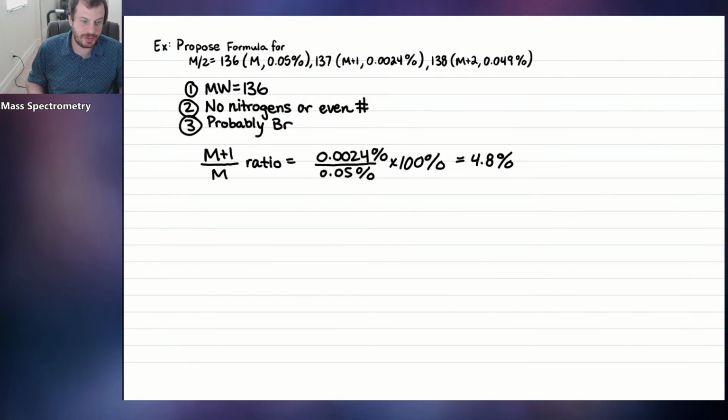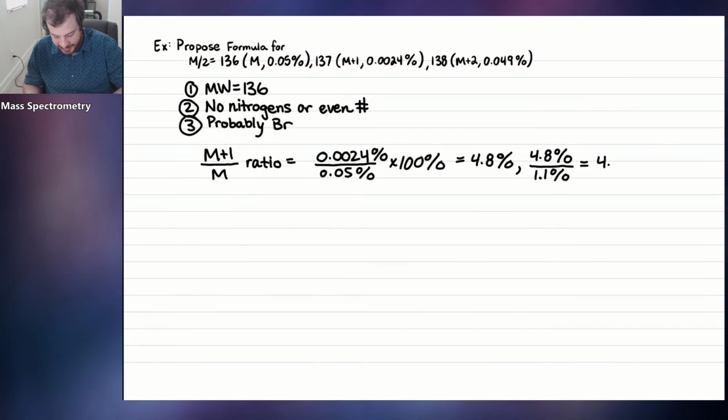All right, and then we take our 4.8 and divide it by 1.1. Don't forget to divide by 1.1, and if you do that, you get 4.36%. And, well, the percents cancel. So you get 4.36, which equals probably 4 carbons. So that's a good estimate as to how many carbons this molecule has. It's probably about 4. Could be 5, but probably 4.